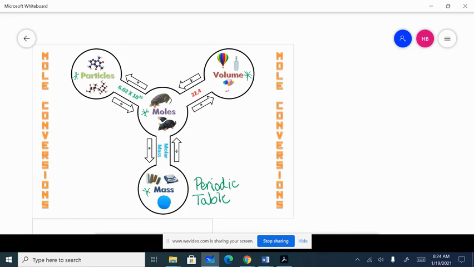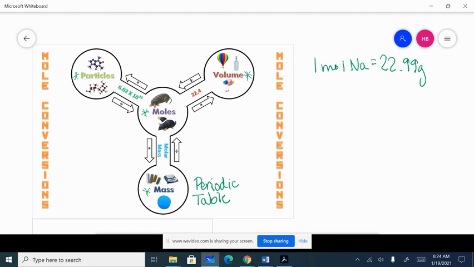If you're just talking about an element on the periodic table, it's simply the number there. So if I look on my periodic table and find, say, sodium, 1 mole of sodium has 22.99 grams.